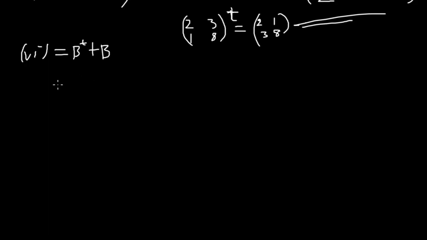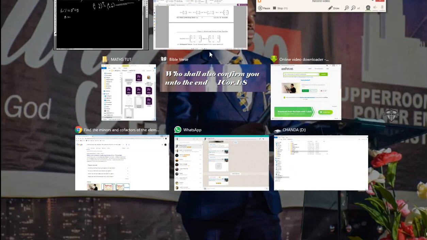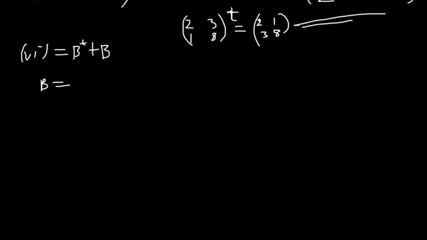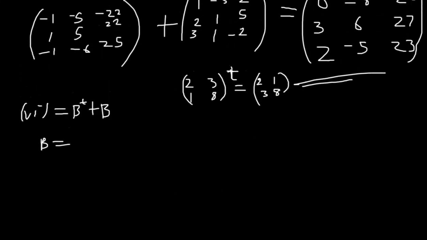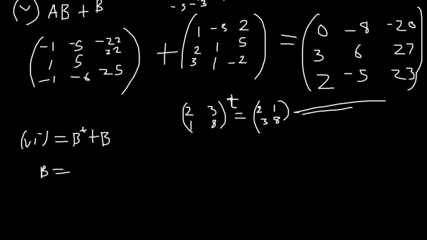So for B transpose here, let us first write our B. So our B is, let me just check what B is. Okay, B is here. So our B is, we have 1, negative 3, 2, and you have 2, 1, 5.